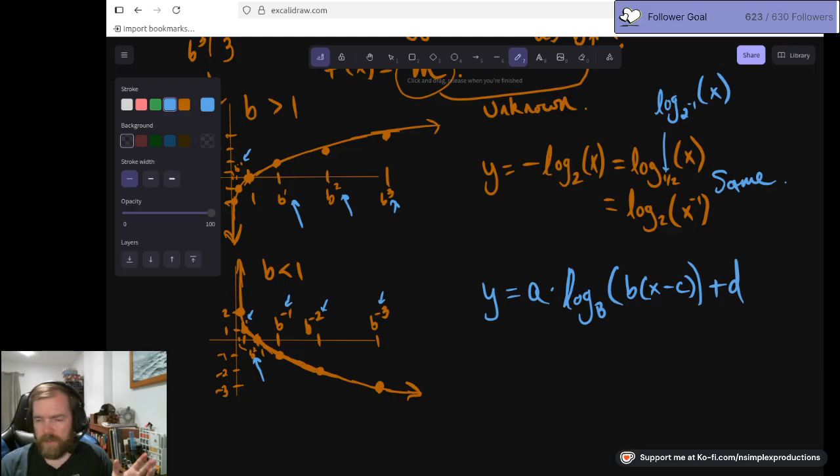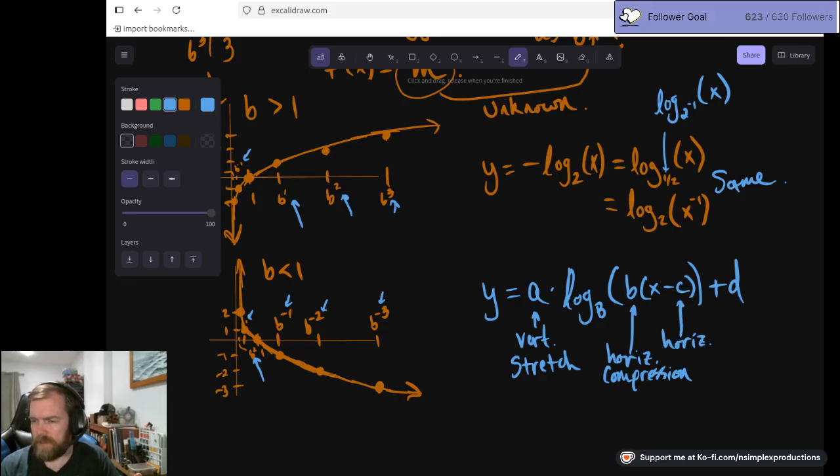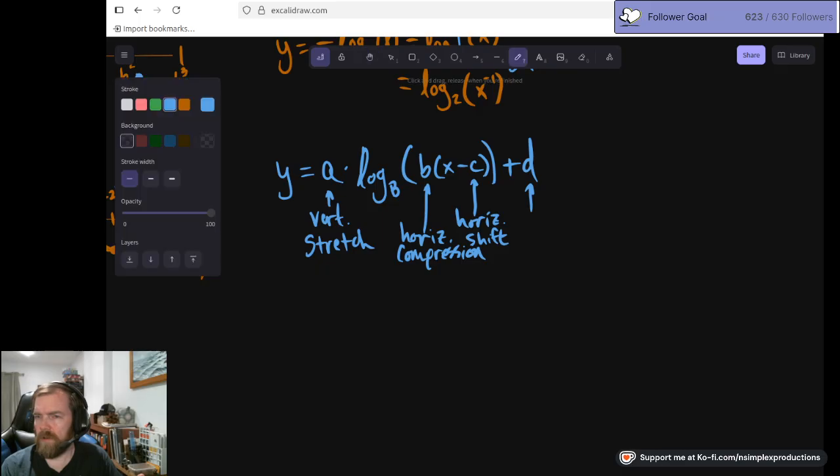These are all the same things that we talked about before. This is going to be our vertical stretch. This is going to be a horizontal compression. This is going to be a horizontal shift, or translation. And this is going to be a vertical shift. Again, or translation if you prefer to use that word instead.